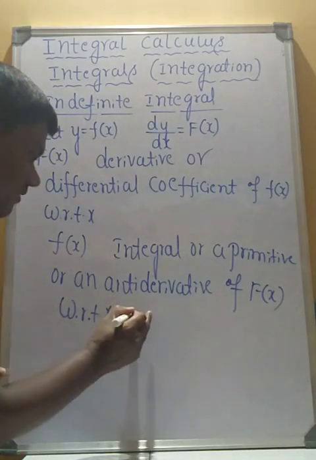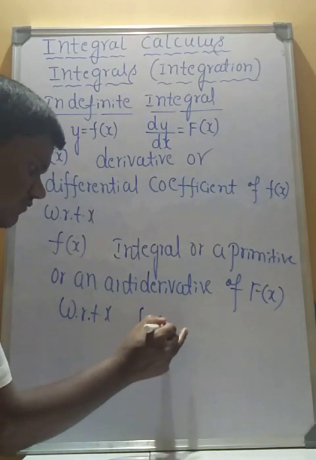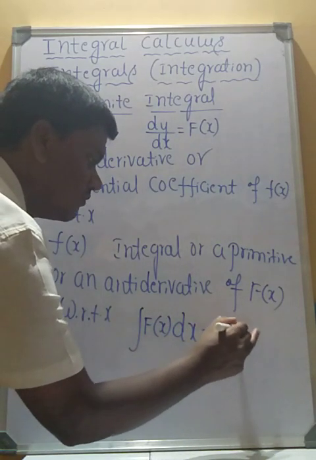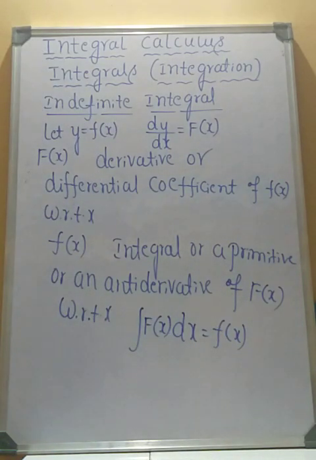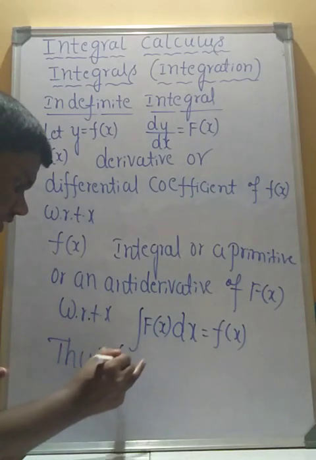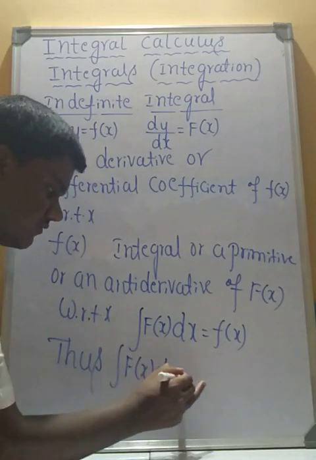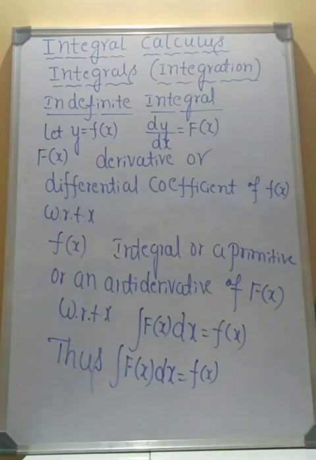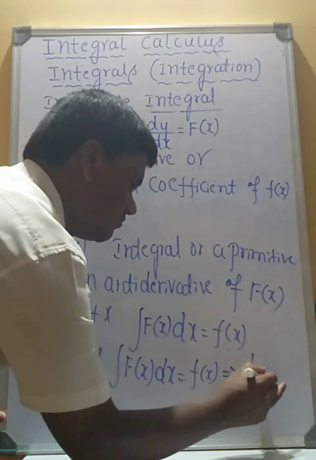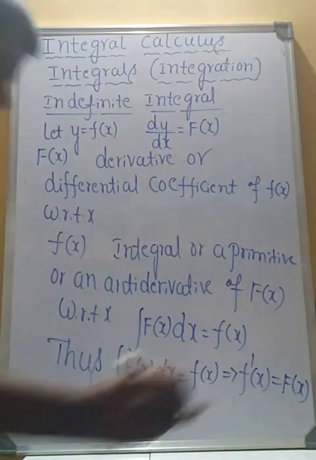This is denoted by integral of f of x into dx is equal to small f of x. Thus, integral of f of x into dx is equal to f of x. This implies f dash of x is equal to capital F of x.